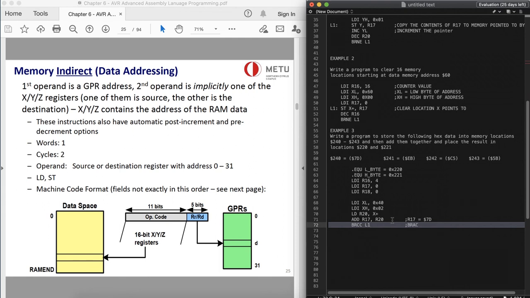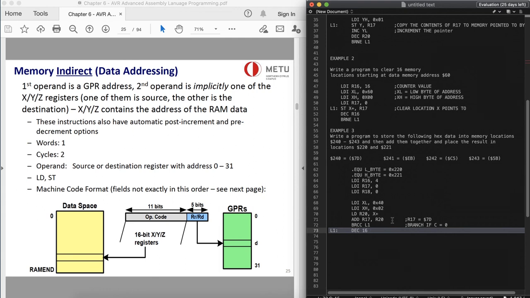So branch if C equals 0 to decrement the counter. And we have to decrement the counter. I'm just going to do it over here. L1, it's going to be decrement R16.